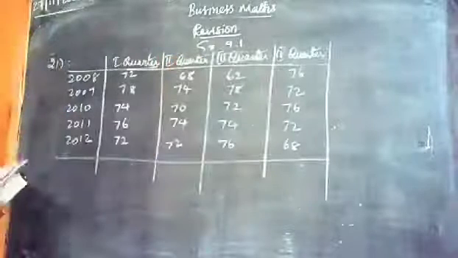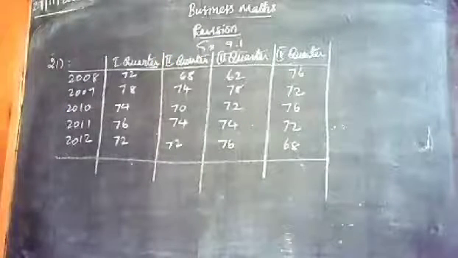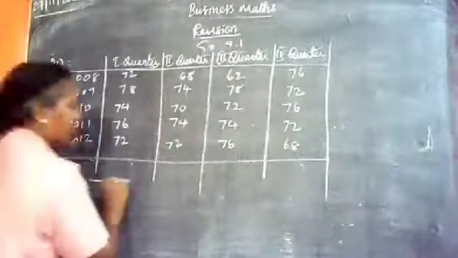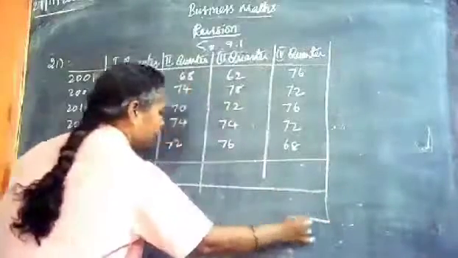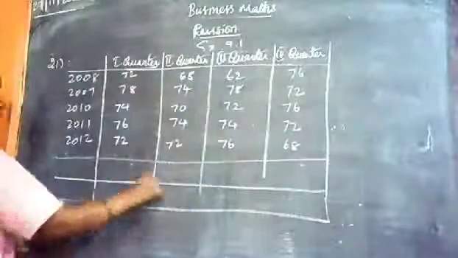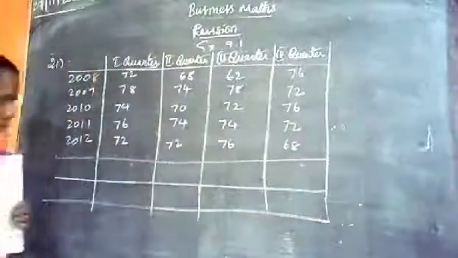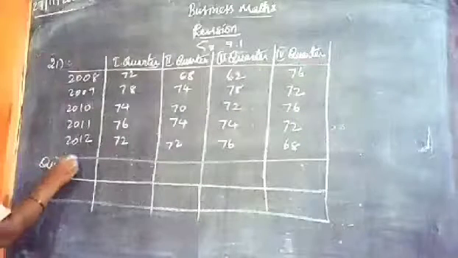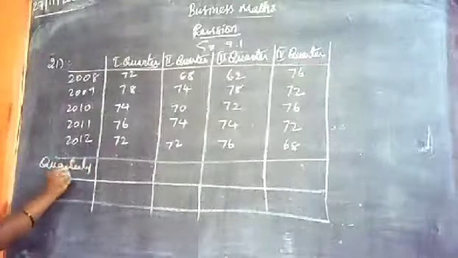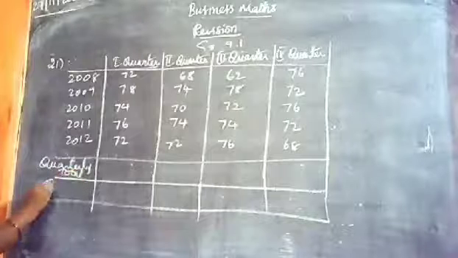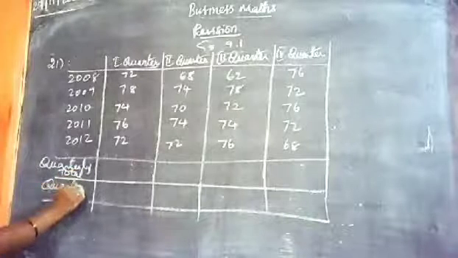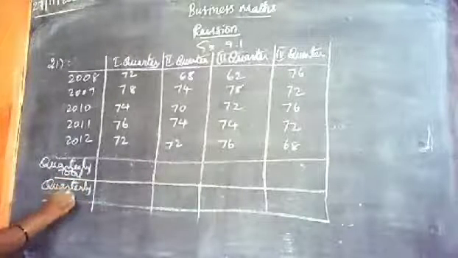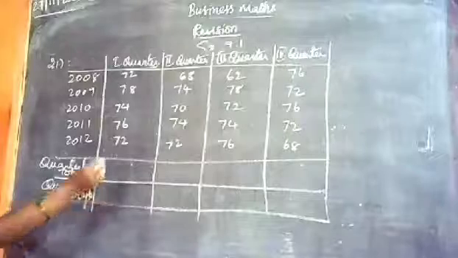The table is now prepared, and along with the table we are going to prepare 2 more lines. What are the lines? Can you guess? Quarterly total and quarterly average. After finding this, what are the steps to be followed?